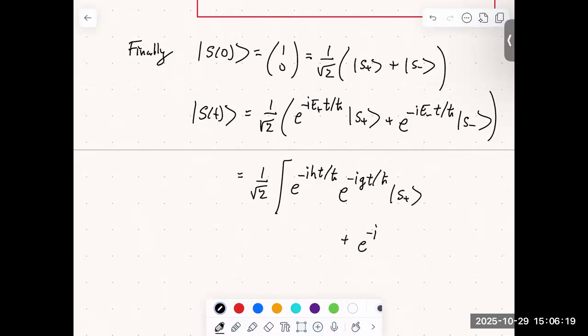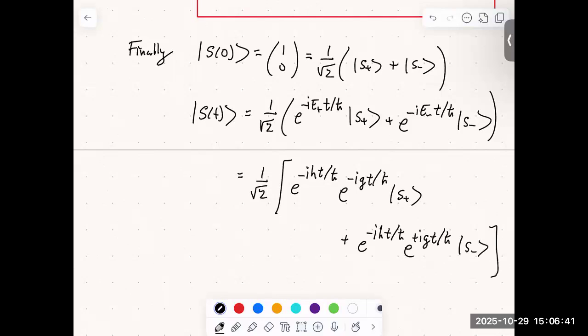Now E minus is h minus g. So we get an h t over h bar, and this time we get a plus i because we had a minus g in our E minus. So we get a g t over h bar S minus.